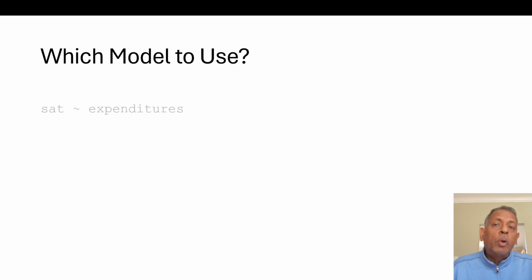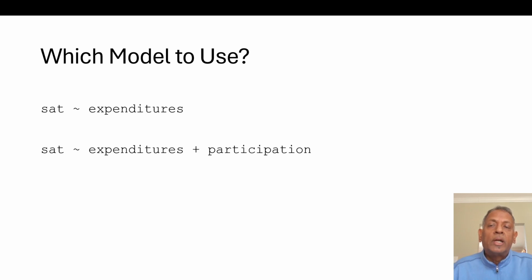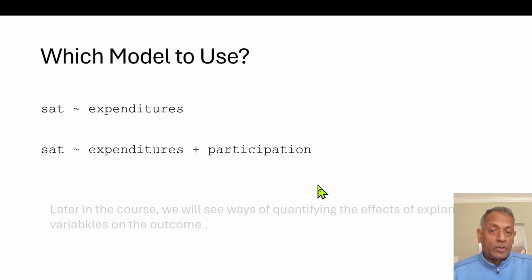Okay, so which model should we use? Should we use the model that just connects SAT with expenditures? Clearly not. We can see that the moment you bring in participation and expenditures, then you see a much more nuanced picture.